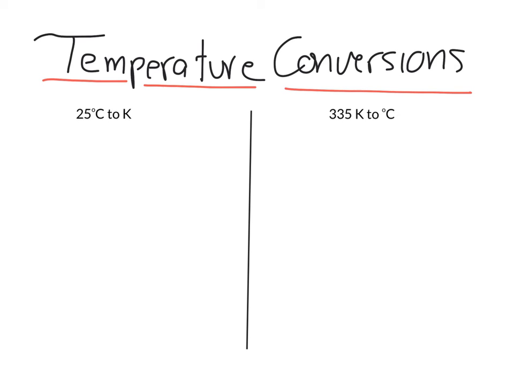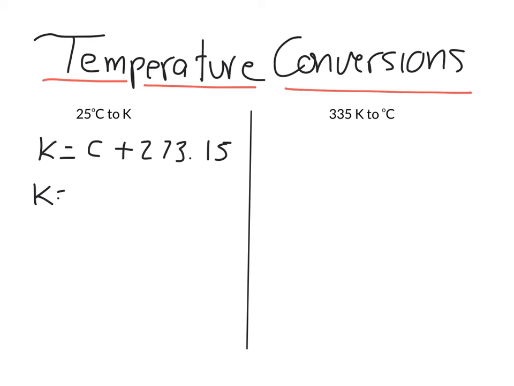Okay, so the first one that I want to start with is 25 degrees Celsius to Kelvin. This is a simple one because you only need an addition, that is Celsius plus 273.15. So you start with this, you will notice that it's really simple.